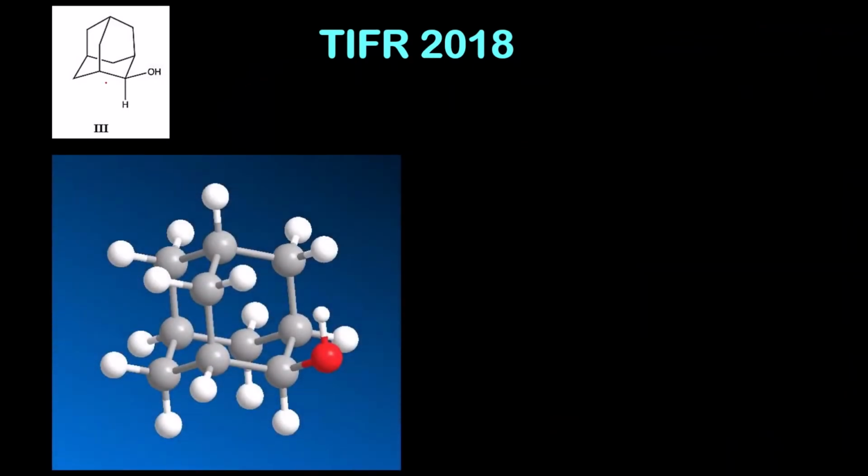So here you can see that there is this carbon to which three bridge groups are attached. This is one bridge, this is the second bridge, and this one is the third carbon bridge attached to this particular carbon.